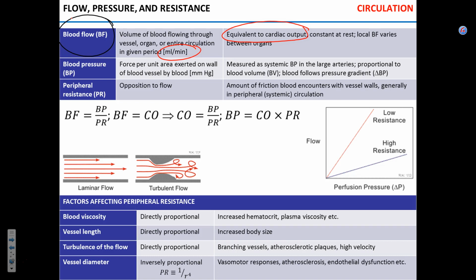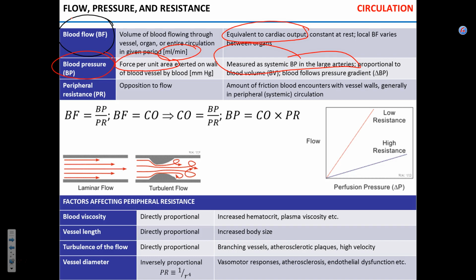Now, blood pressure is a force per unit area, and that pressure is exerted on the wall of the blood vessel. We measure blood pressure in the large arteries. Systemic blood pressure is proportional to the blood flow.